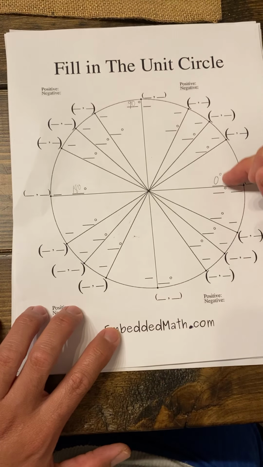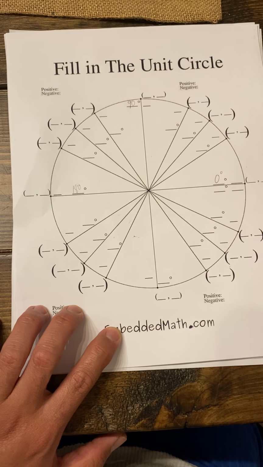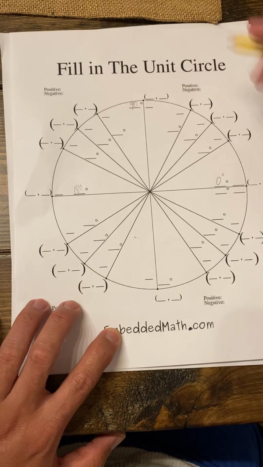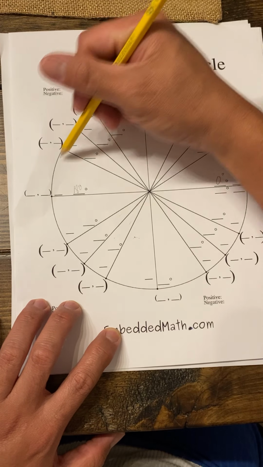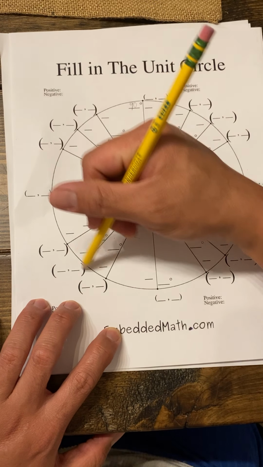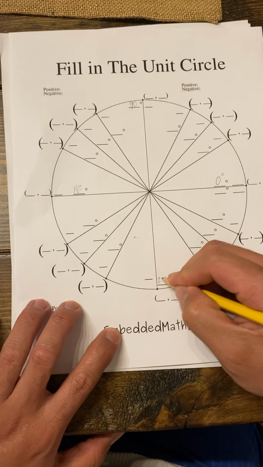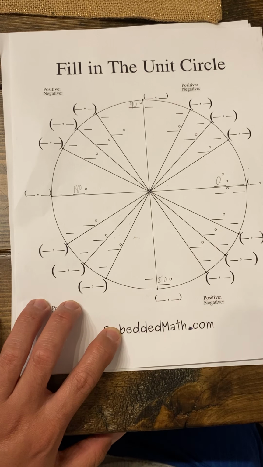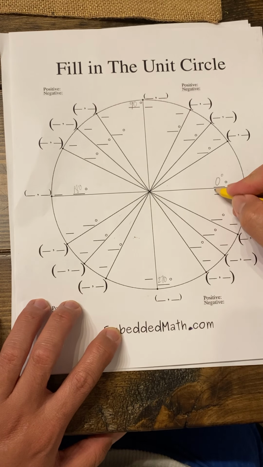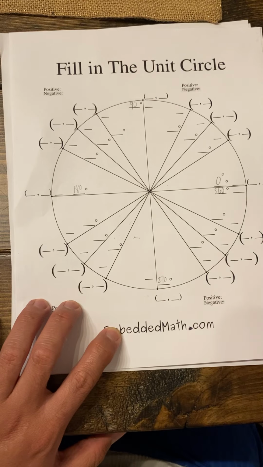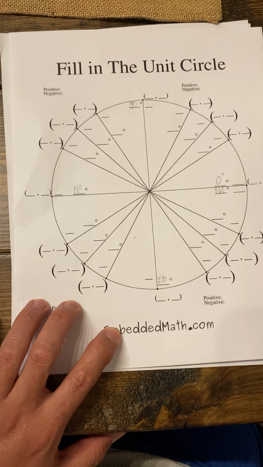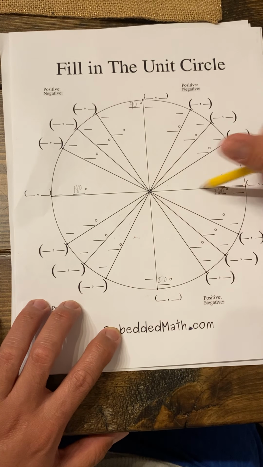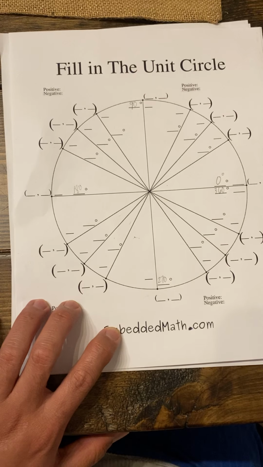Every quarter of a circle is 90, and 90 again gives 180. Another 90 gives us 270 degrees, and another 90 gives us 360 degrees. That's why a full revolution is 360 degrees, and 0 and 360 are on the same terminal side, on the positive x-axis.